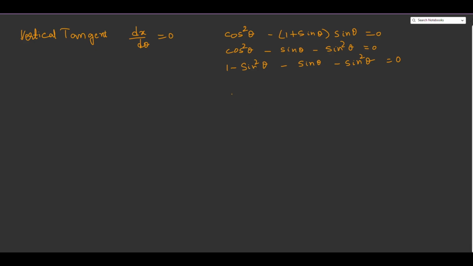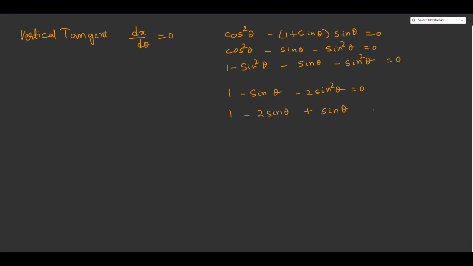Okay, and then it becomes 1 minus sine of theta minus 2 sine square theta equals 0, and this can be rewritten in the following way: 1 minus 2 sine of theta plus sine of theta.